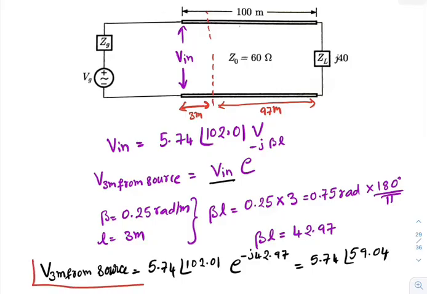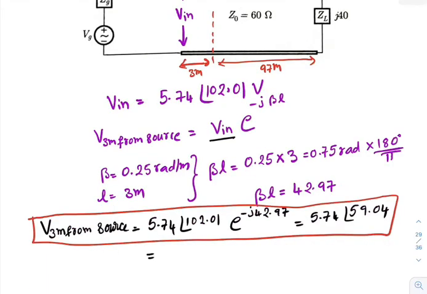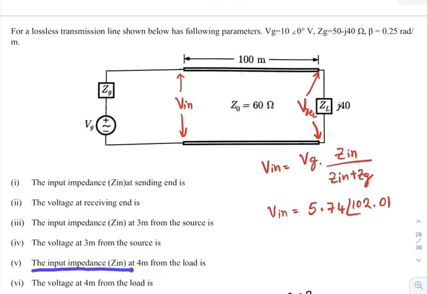Therefore, the voltage at 3 meters from the source is equal to 5.74 angle 59.04. The same value in rectangular form is 2.95 plus 4.92 J. The next question is to find the input impedance at 4 meters from the load.